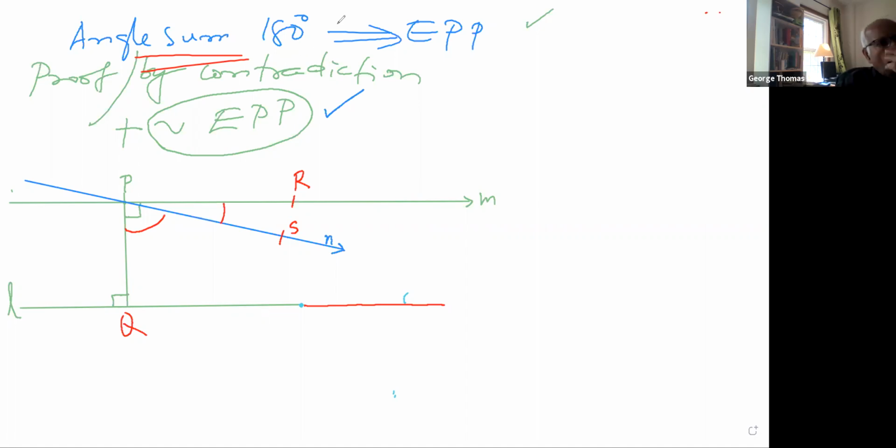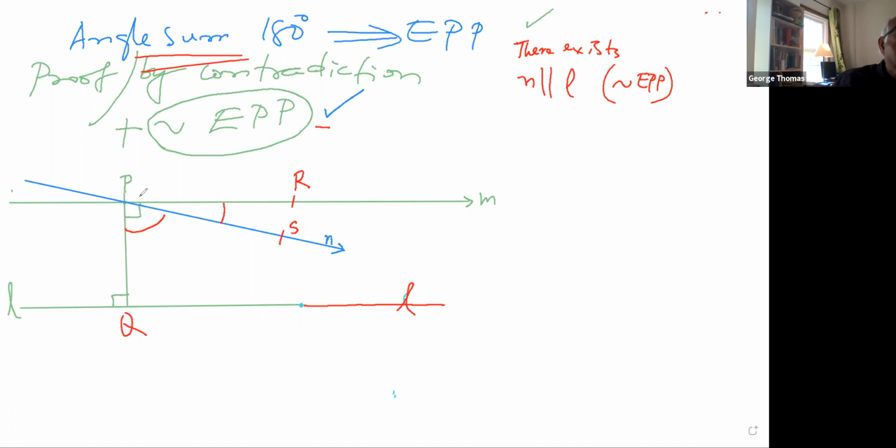To prove this, I am going to go by contradiction. That means there exists N parallel to L. Okay, let's all go together on this again.